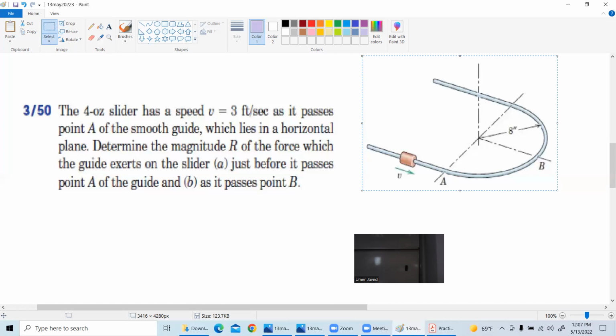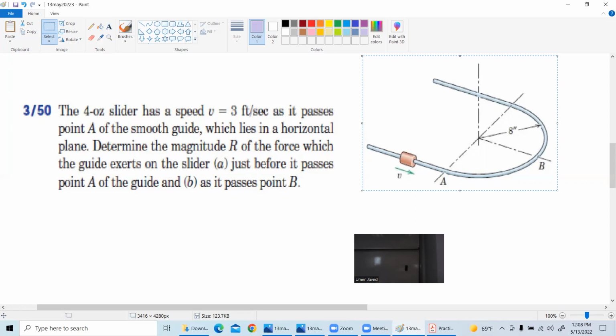Actually, that's a good point. V square over R. Just before it passes point A, you have to be careful. From A, you have a circular path. Before A, there is no circular path. When something is not on a circular path, there is no such term. You have to be very careful.